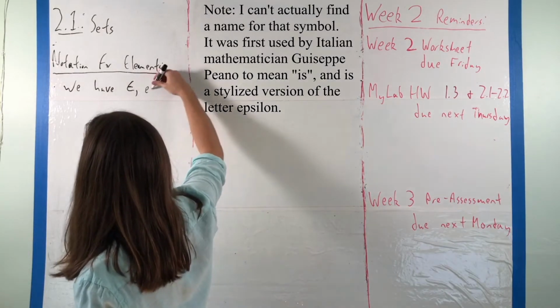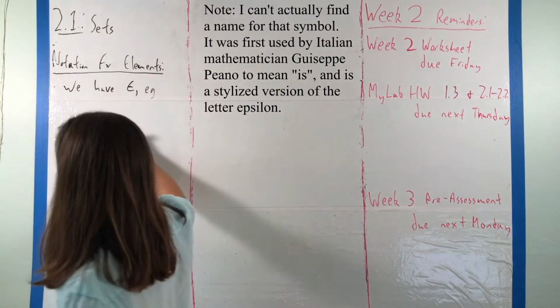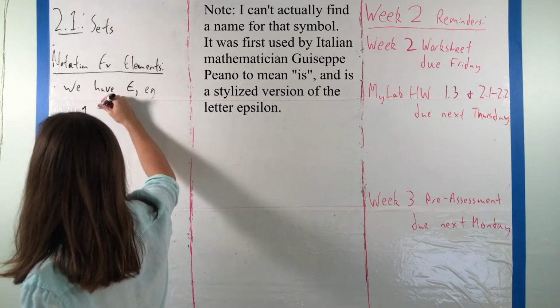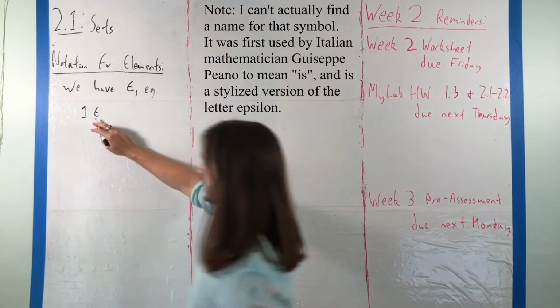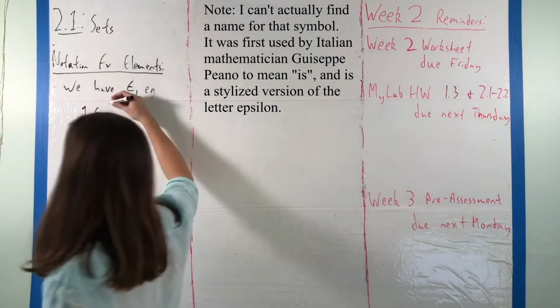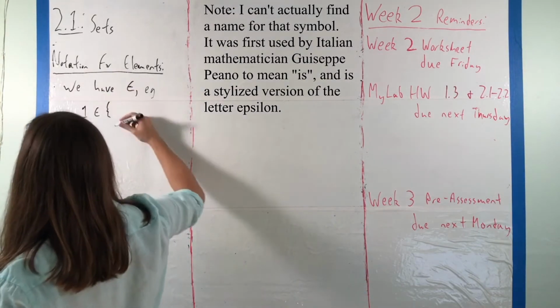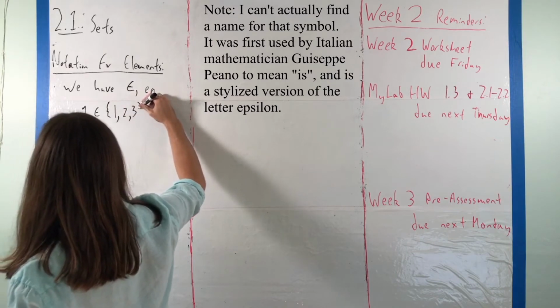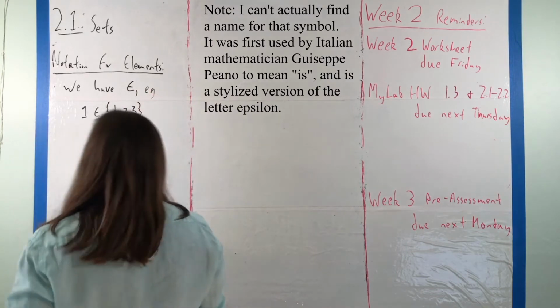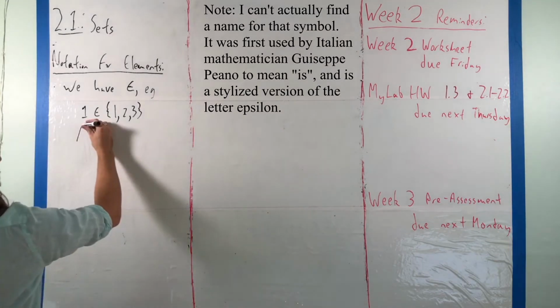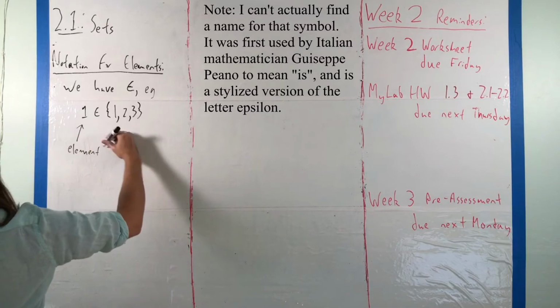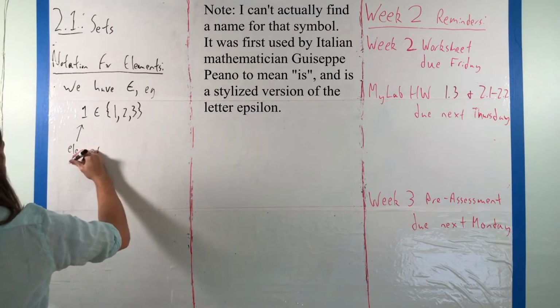where, for example, we could say that 1 is in, so that's what the symbol says, set {1, 2, 3}. So in other words, this is some element, in this case element 1.